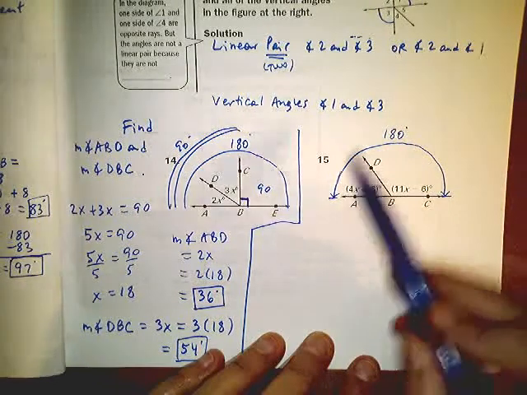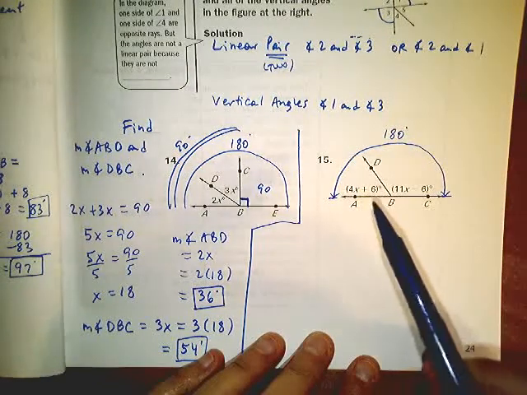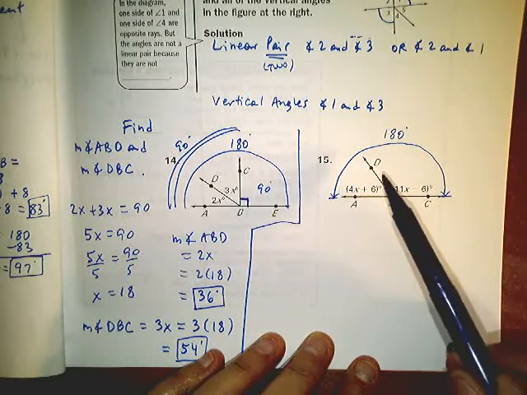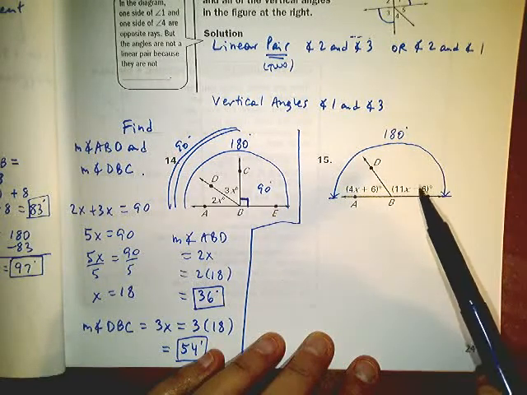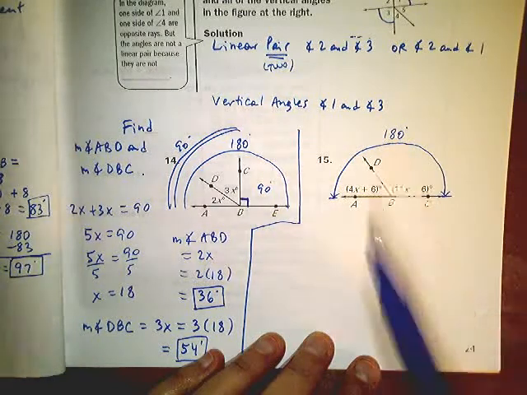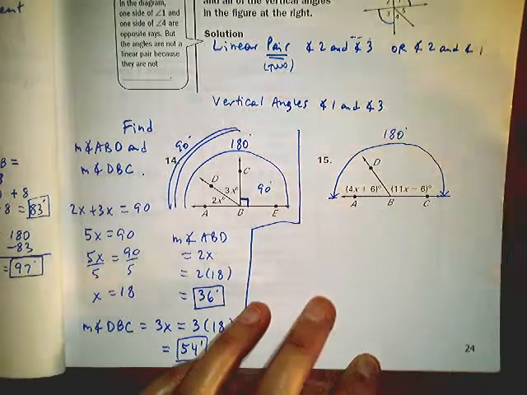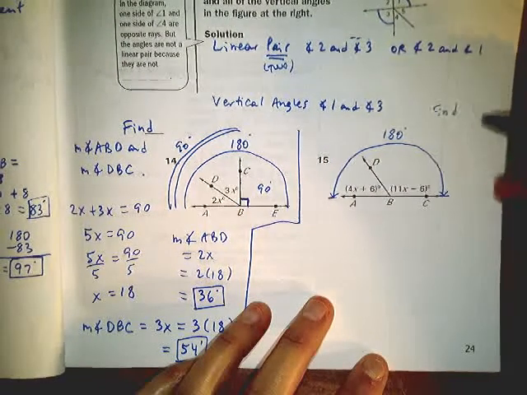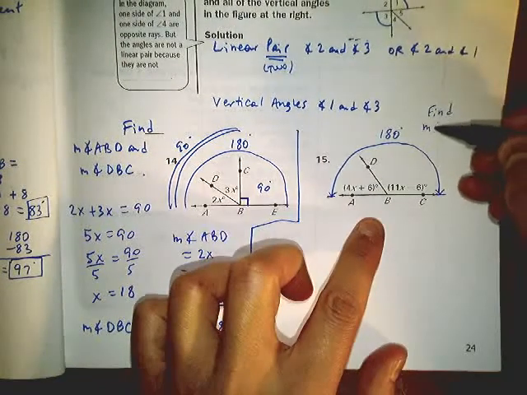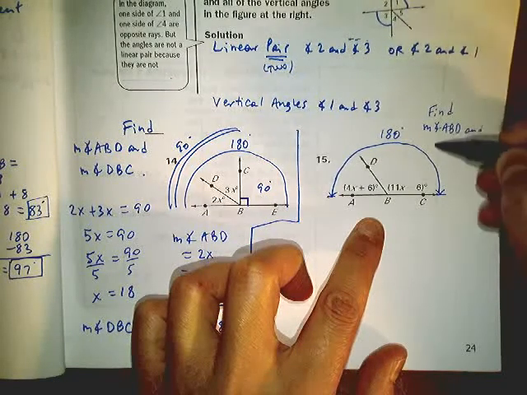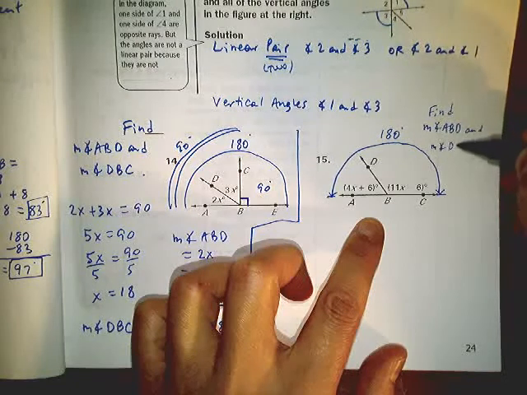So the relationship that I see as something that's true is that this angle right here, if I add that to this angle over here, the total of the two of them is 180. So again, I'm going to assume that they want us to find the measures of the two angles. They want us to find the measure of angle ABD and the measure of angle DBC.